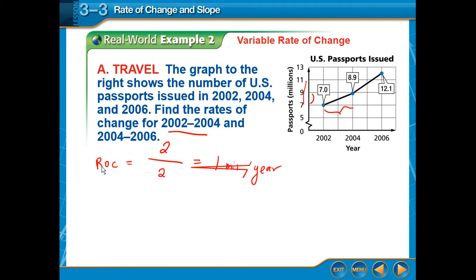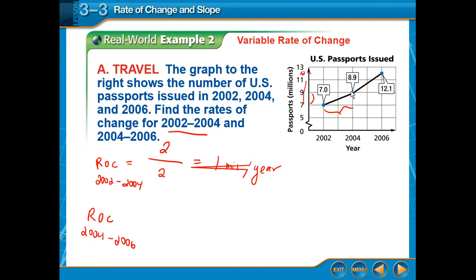That's for 2002 to 2004. But we also want to find the rate of change for 2004 to 2006. From here to here, our dependent variable looks to be about 12.